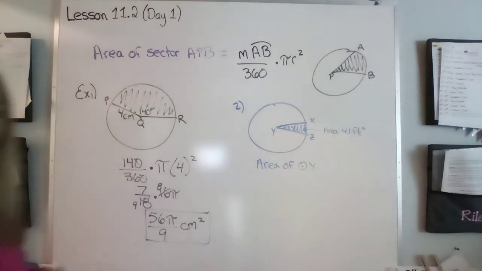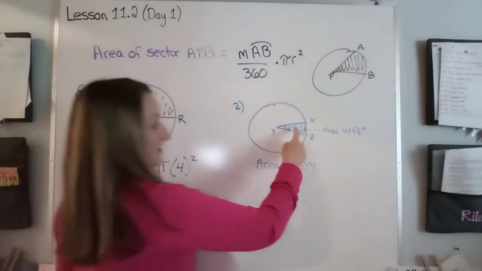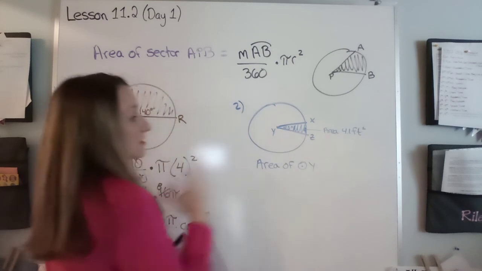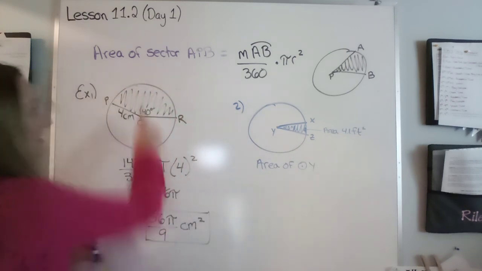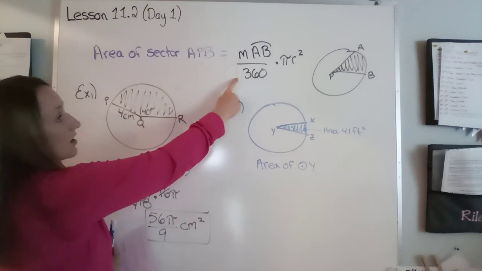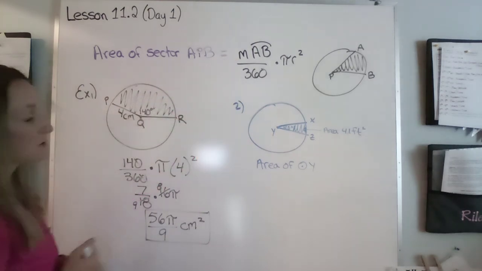It's a little bit different than what we did in the last problem. In this problem, you're already given the area of the sector, 4.1 feet squared. So let's start with that information and use this formula. The area of the sector is equal to the arc over 360 times pi r squared.